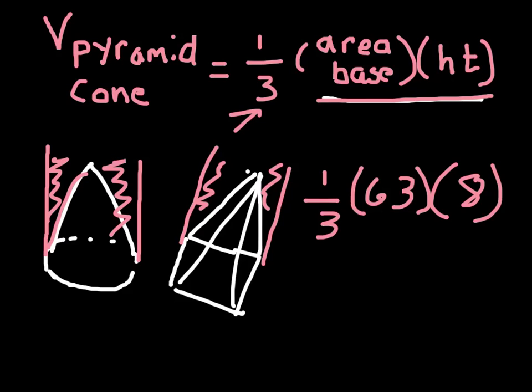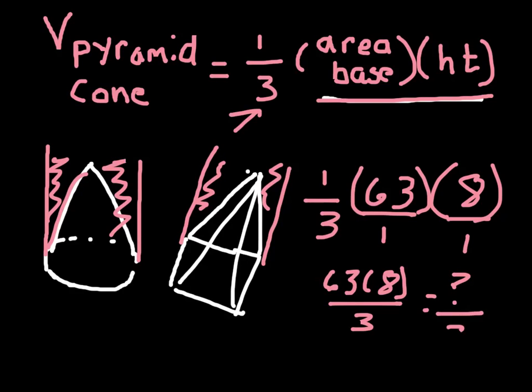For example, one way is you could think of 63 and 8 as over 1. So you can multiply across. You could take 63 times 8 over 3. Just like when you multiply fractions, you multiply the numerators and multiply the denominators. And then you could take your 63 times 8, get your answer on top, and then divide whatever that is by 3. That's one way you could take 1/3 of it.